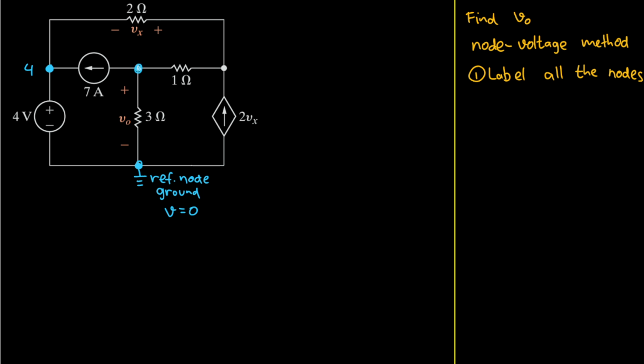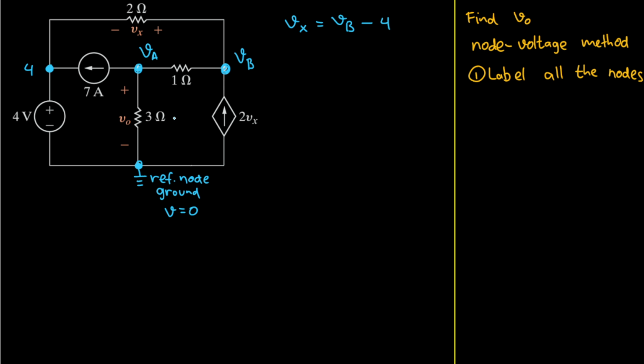And then we have two unknown nodes here. This node here, let's name this as VA, and this node here, let's name as VB. Good. What more information can we take from here? We have Vx and V0. Vx is equal to the positive terminal, which is VB, minus the negative terminal, which is 4.